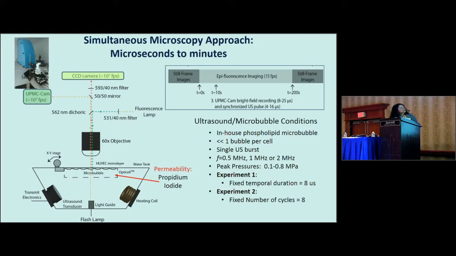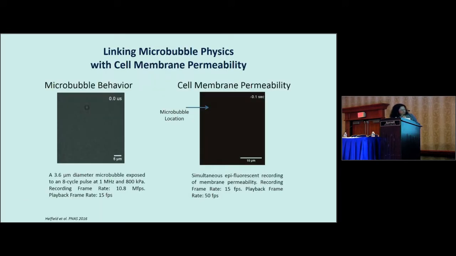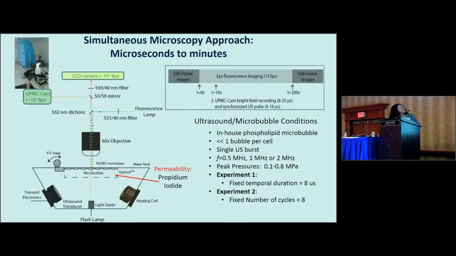And we have a flash lamp here, and through this objective, through a series of mirrors, we're able to direct some of the light to our ultrafast imaging system so that we can image the microbubble oscillations. In addition, we have a fluorescent lamp and then a CCD camera that over a longer time frame is able to simultaneously image the fluorescence events.